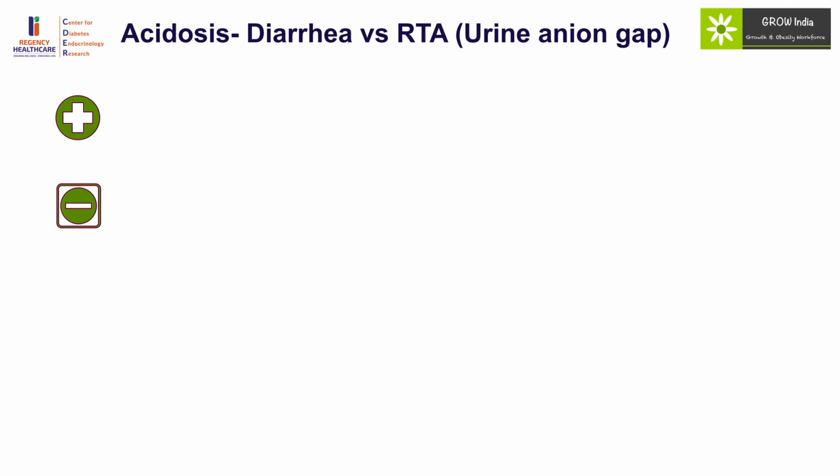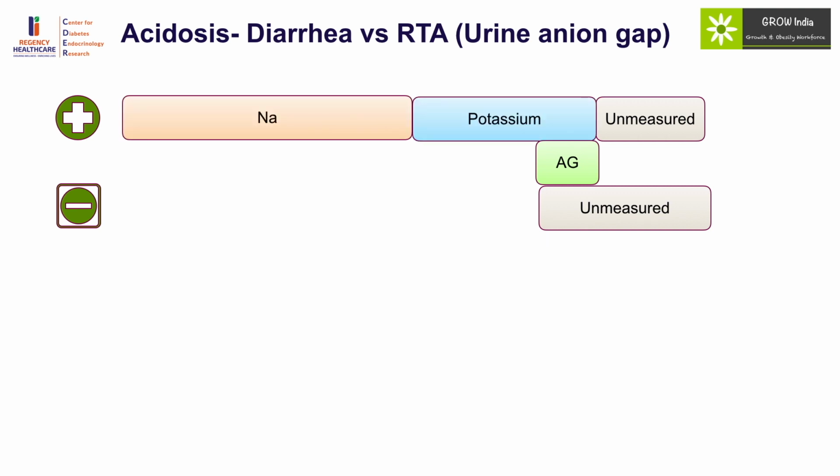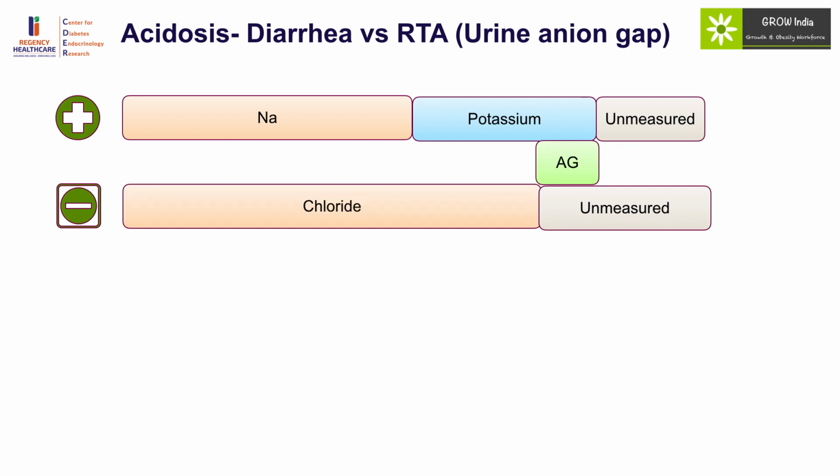and in this assessment, the urinary anion gap is importantly identified, which again is a difference between unmeasured urinary anions and unmeasured urinary cations. In clinical terms, it is the difference between the measured positive ions, sodium and potassium, and chloride. So it's urine sodium plus potassium minus chloride, and it is a very important marker of ammonium production.